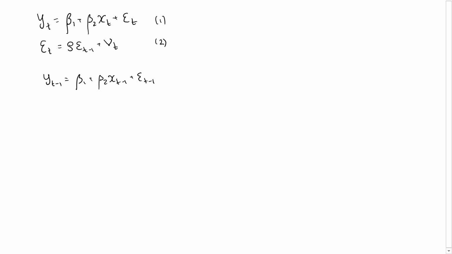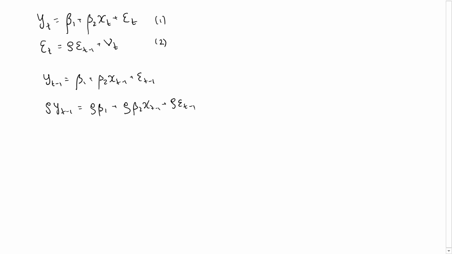So let's multiply both sides of this new equation by rho. I have rho y t minus 1, rho beta 1 plus rho beta 2 x t minus 1 plus rho epsilon t minus 1. If you're wondering why I'm doing that, well, for now, no reason. Just hang on and you'll see the reason.